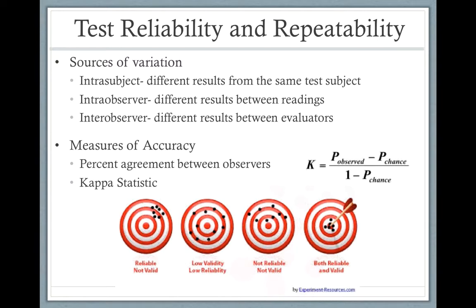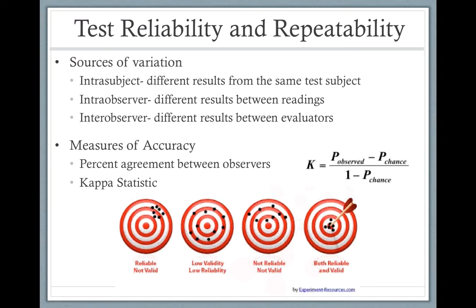And then another measure of accuracy is the percent agreement between observers. So if we do have more than one observer, there is a certain amount of time when they are going to, by chance, say the same thing. So if we give them a bunch of x-rays that don't have any particular pattern to them or disease, just by chance they're going to pick the same value a certain amount of times.